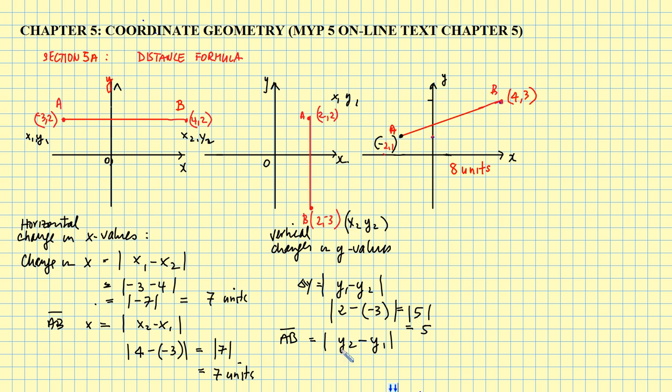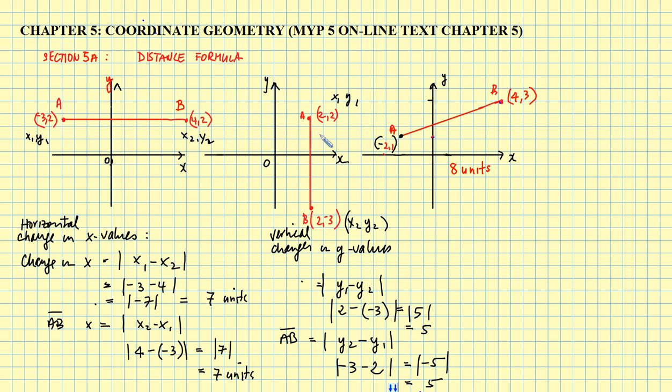Or I could take it as -3 minus 2, take the absolute value of -5, which tells me that the length is still 5 units. So either or, it's going to be 5 units, the vertical distance. So it's the change in the y's vertically, and when I'm looking for a horizontal line, it's the change in the x's.